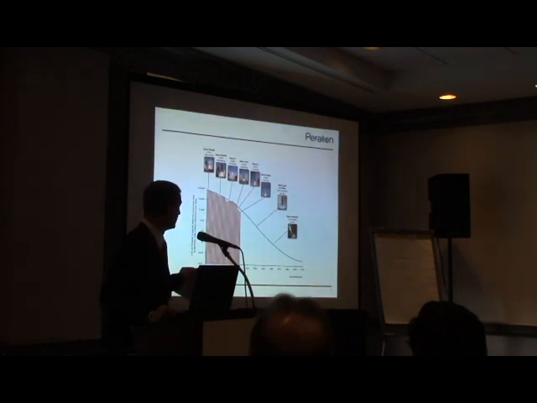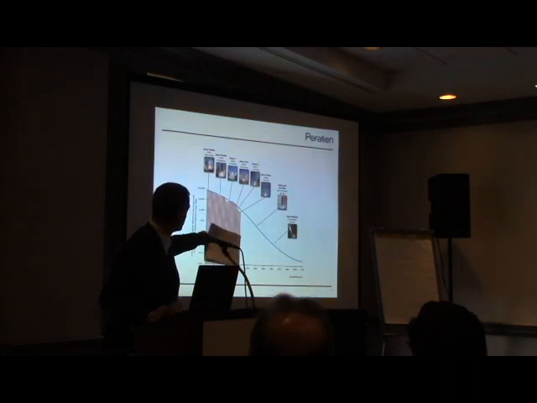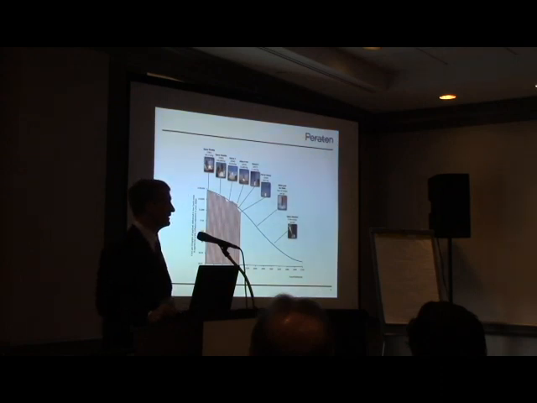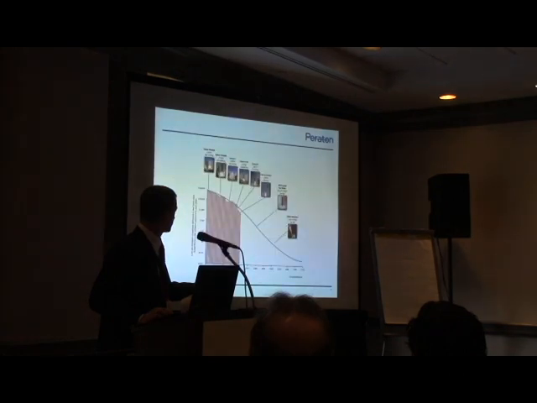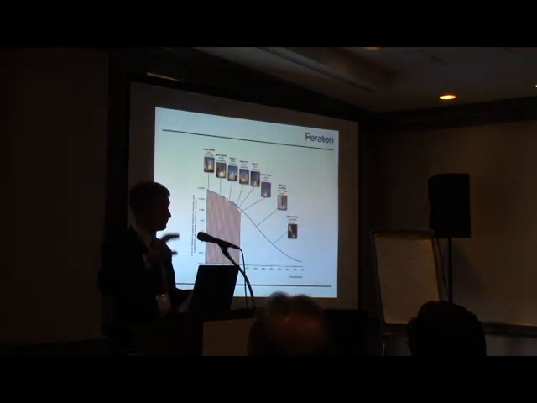So this is really dropping the cost of a kilogram from over $85,000 to less than $1,000 with the Falcon Heavy. So this is just one aspect of the cost drop.